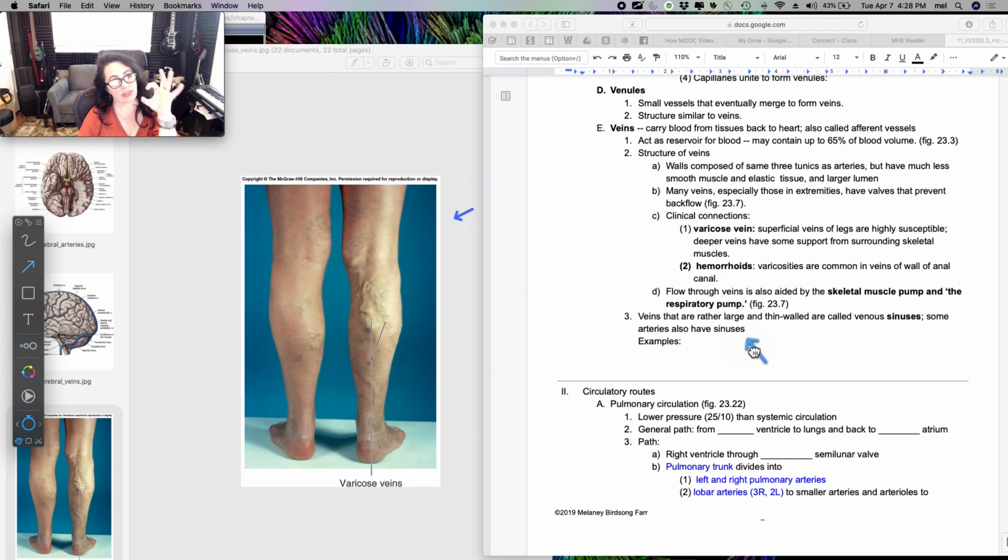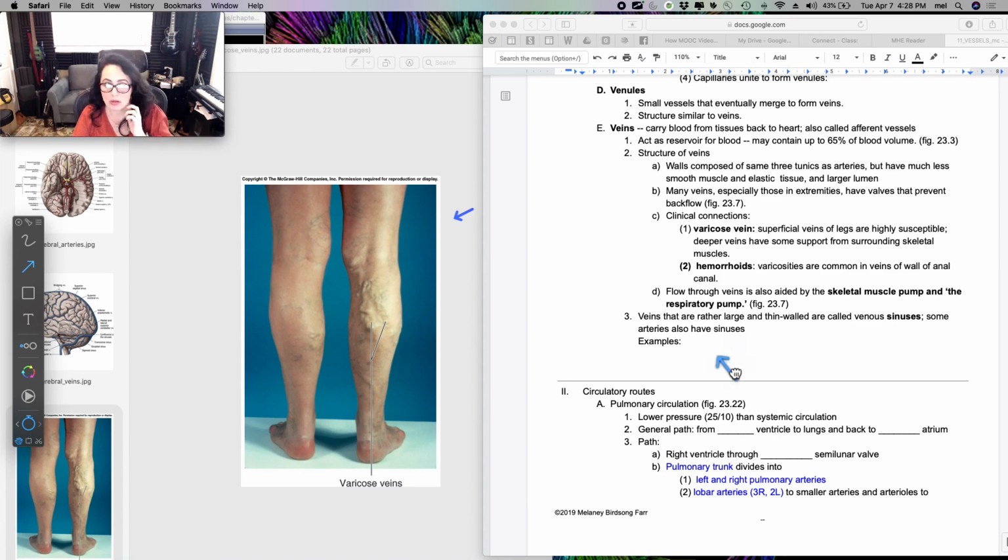Large, thin-walled veins. You've got all of the dural venous sinuses, including the superior sagittal sinus, the straight sinus, the sigmoid sinus. Those are all called sinuses because they're big, wide veins. And then what's the one that runs around the back side of the heart and dumps into the right atrium? That is called the coronary sinus. So there's some examples of those.